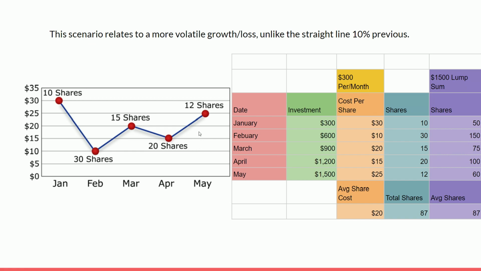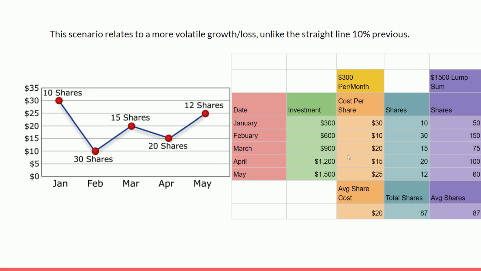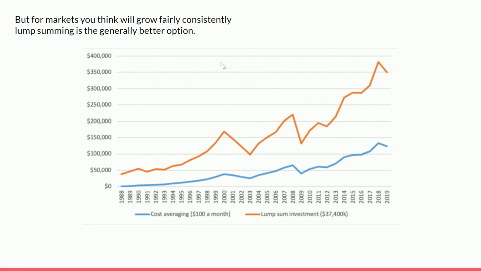So in a market that you understand is going to be volatile, even in the long term, it's much better to do a dollar cost averaging approach. Whereas in a market that's constantly growing, the lump sum is a far better method of investing. And this is just another example of the lump sum versus cost averaging in a market that is pretty much constantly growing.